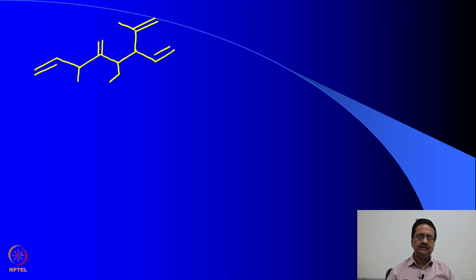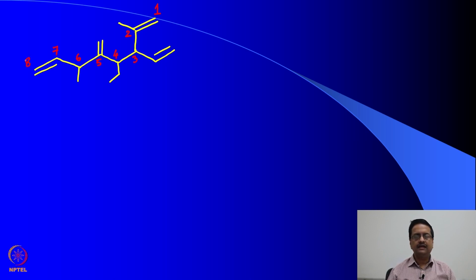Considering all those points, you will understand very easily that the numbering should start from this carbon atom at the top right hand corner. So, we should number it like 1, 2, 3, 4, 5, 6, 7 and 8.